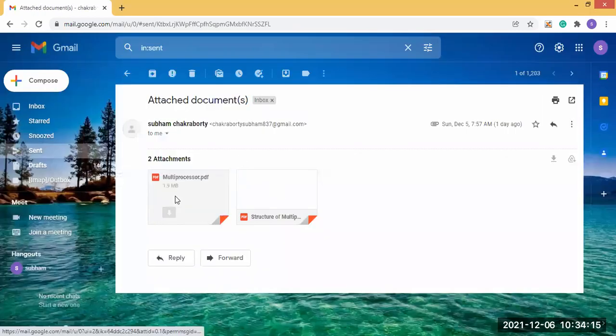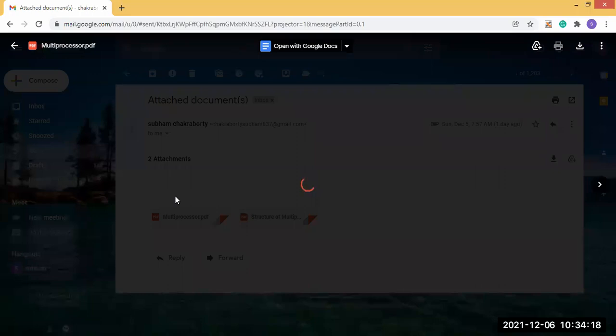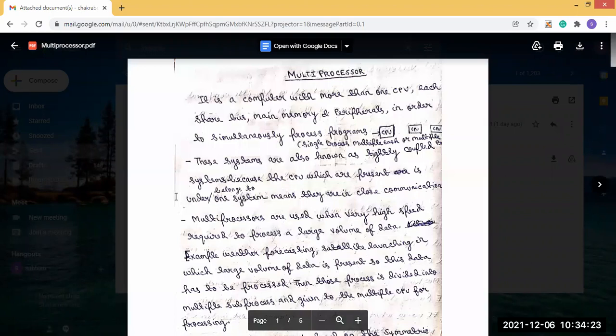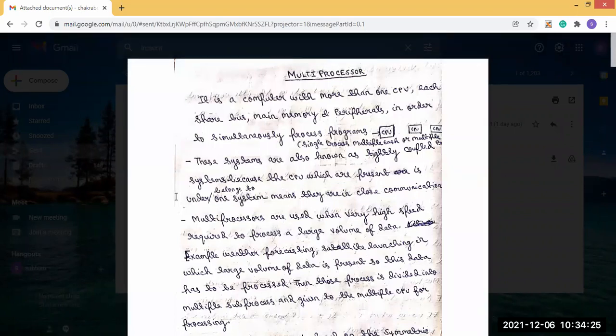Now we will start discussing the details of our multiprocessor system. So basically, what is a multiprocessor? A multiprocessor is a computer or a system with more than one CPU. That is, more than one processor is present in the system. Why do we use that?